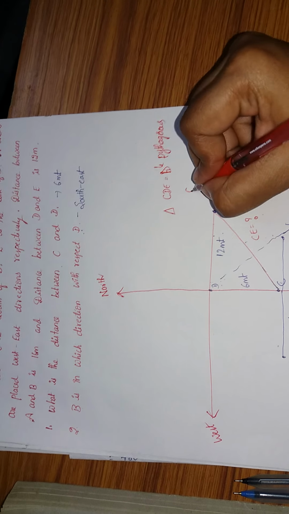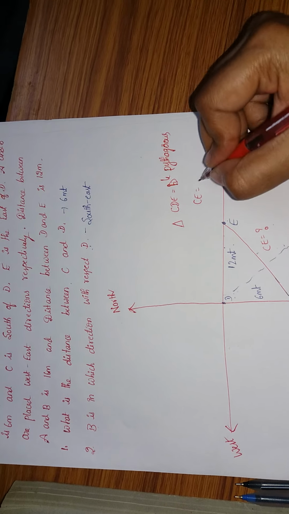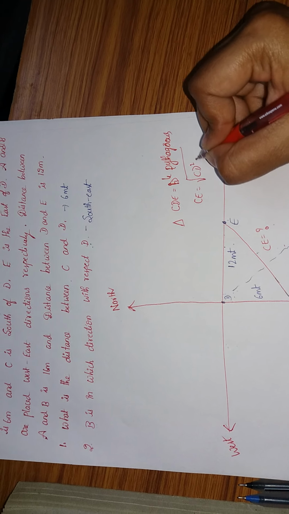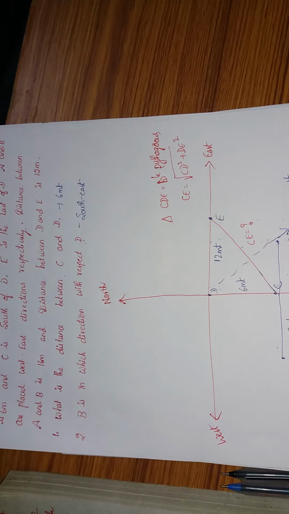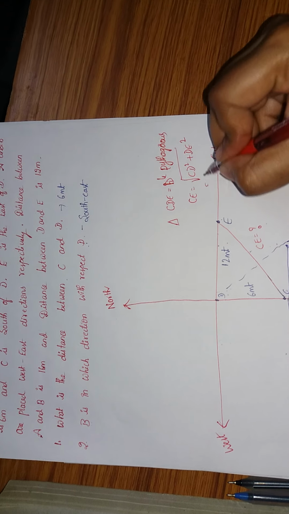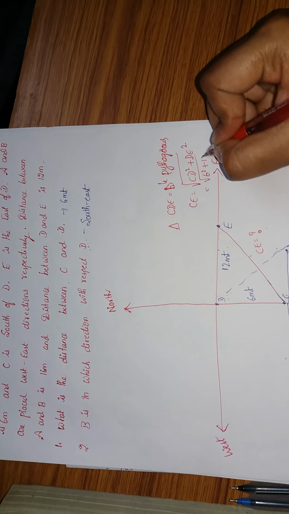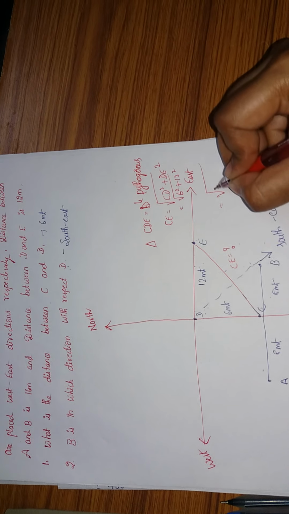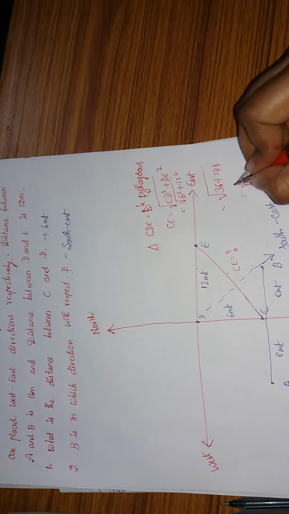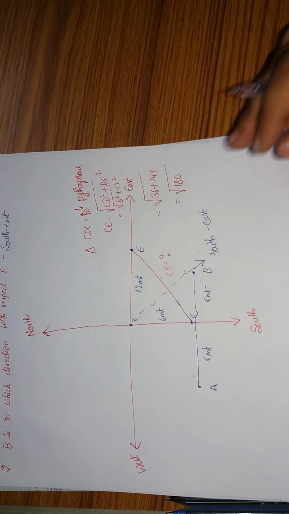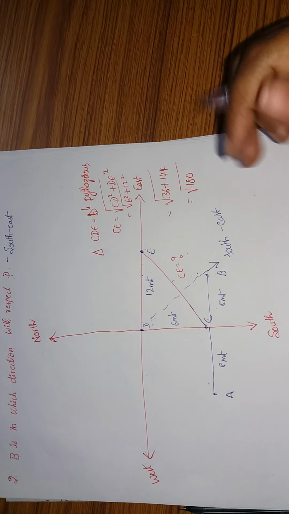CE equals the square root of CD square plus DE square. That is 6 square plus 12 square, that is 36 plus 144, which is 180.